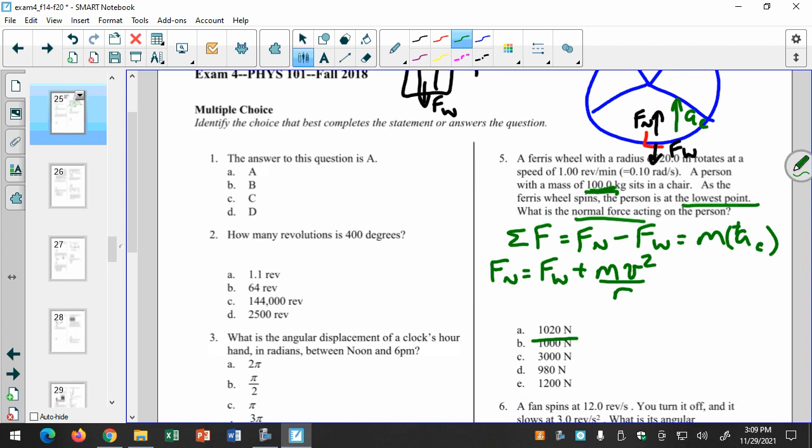I can get rid of this one and this one, because those are smaller than 1,000 newtons, and I know that my normal force has to be bigger than 1,000 newtons. So now it's a matter of calculating this.